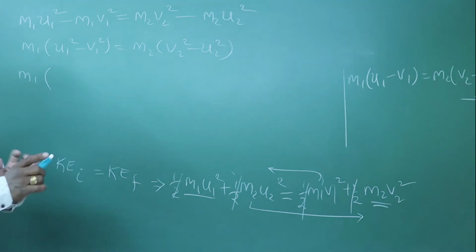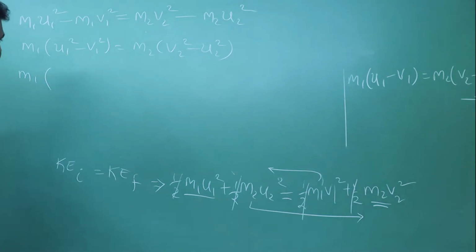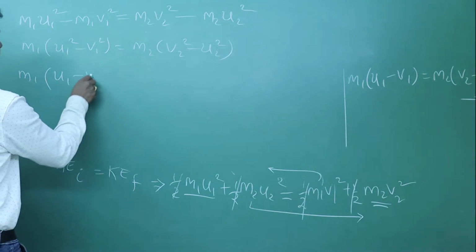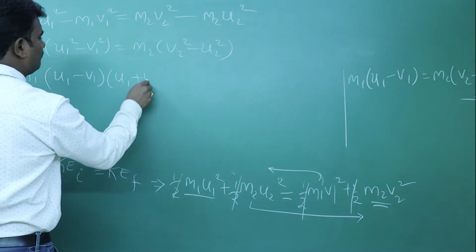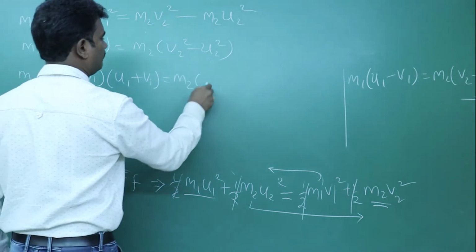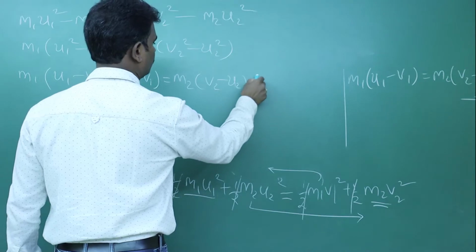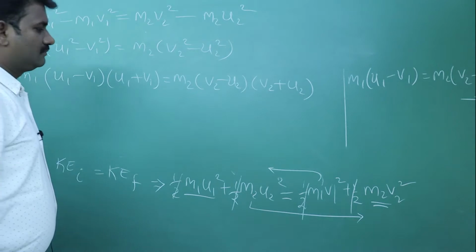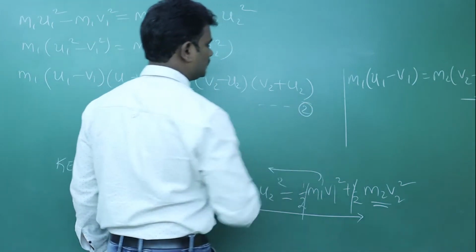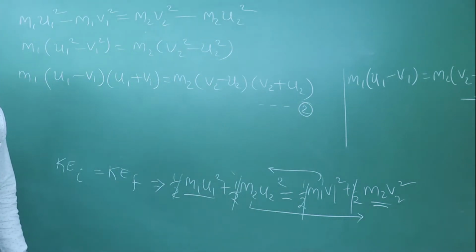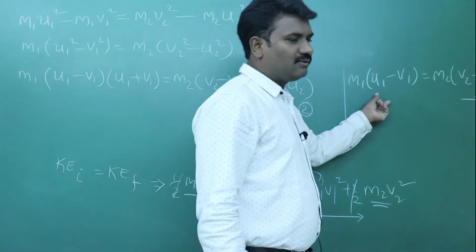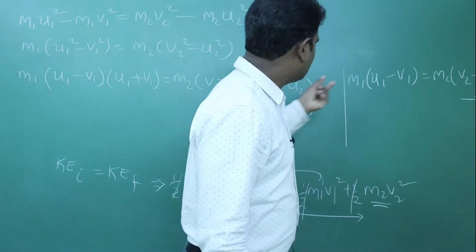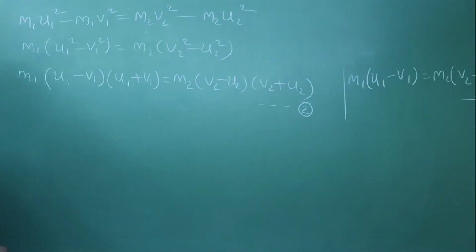So it can be written as a minus b into a plus b. Say this is equation number 2. This is already equation number 1. I would like to make 2 by 1. So by doing 2 by 1, this is m1 into, I am writing same as it is.